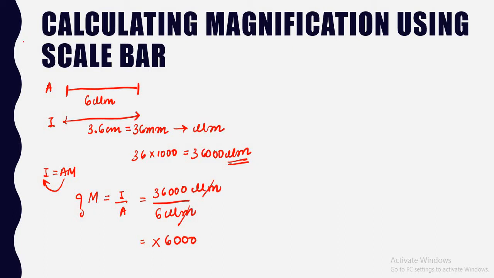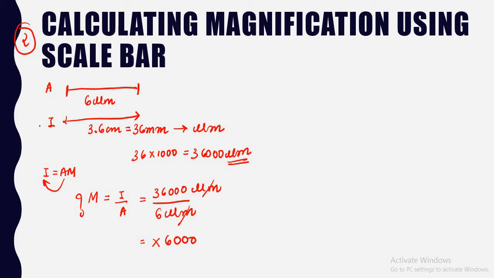So this is the second method of calculating magnification using a scale bar. Scale bar will be provided to you on the micrograph itself. So the steps remain the same. First of all, when scale bar is not given, you will find out the micrograph size using a ruler.